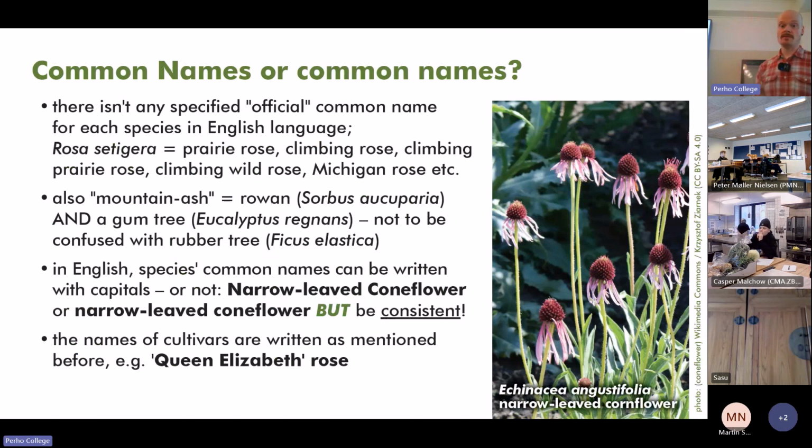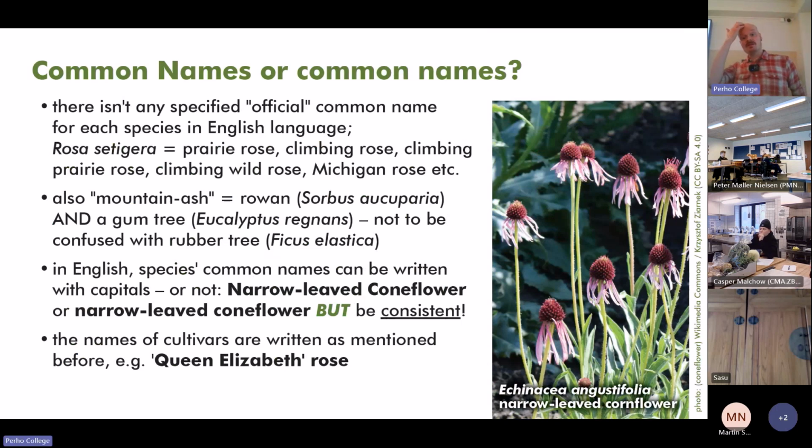So that might be a bit confusing. And gum tree also is different than rubber tree, which is Ficus elastica, that we get rubber fluid from. And there's another example why we should use scientific names, so we know exactly what plant we're talking about.